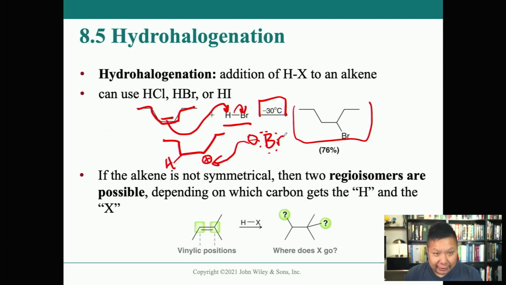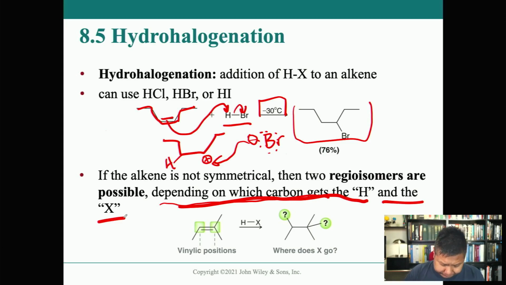If the alkene is not symmetrical, then two regioisomers are possible, depending on which carbon gets the hydrogen atom and which one gets the X, the halide.